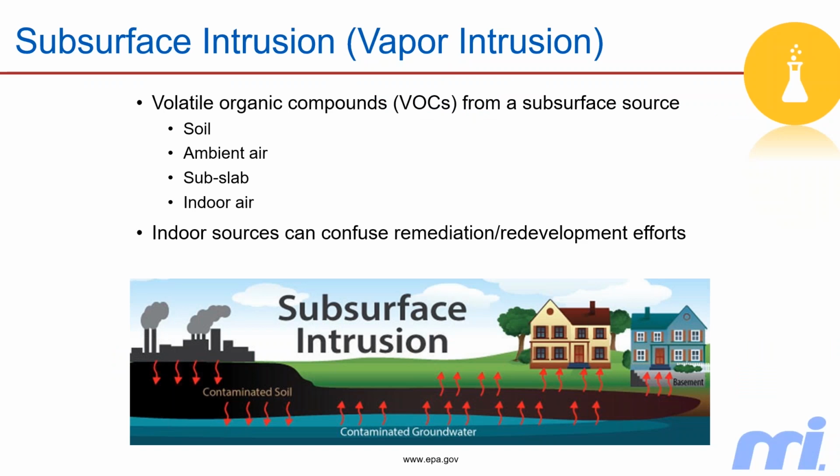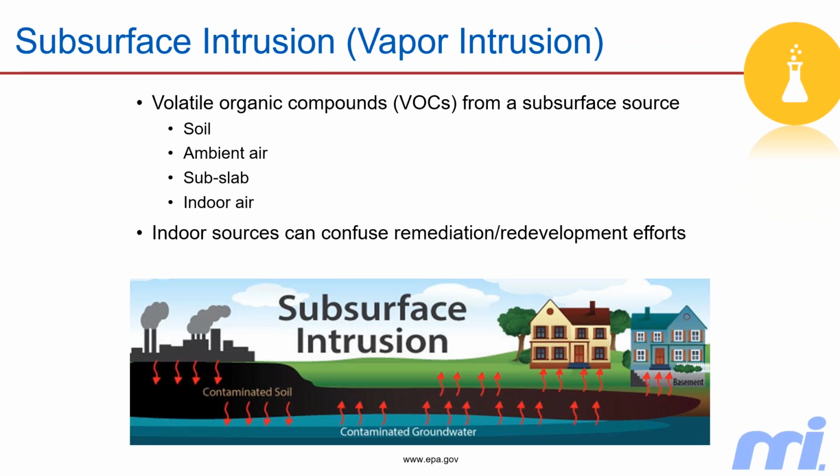So when we talk about vapor intrusion, we're looking at any kind of intrusion that's happening in our subsurface. Particularly, we're focusing on volatile organic compounds that come from a subsurface source. So we might have a type of oil spill or a chlorinated solvent spill that has maneuvered under housing developments or factories or stores and businesses. And so we'll look at the soil, ambient air, subslab, and indoor air samples to help us elucidate and understand what's happening in those conditions.